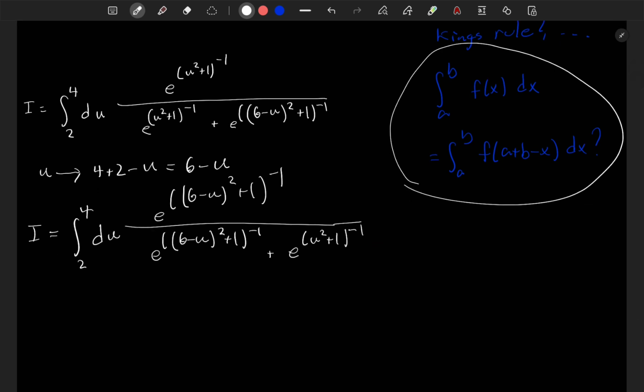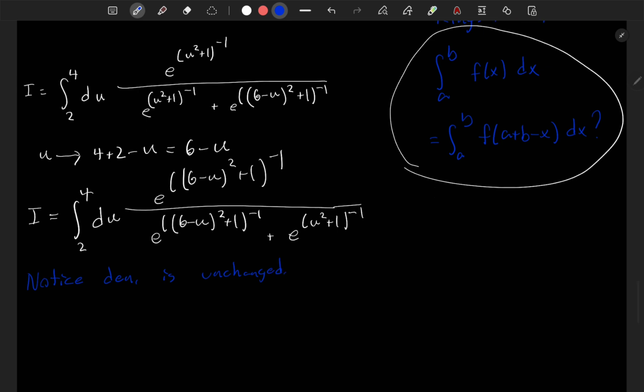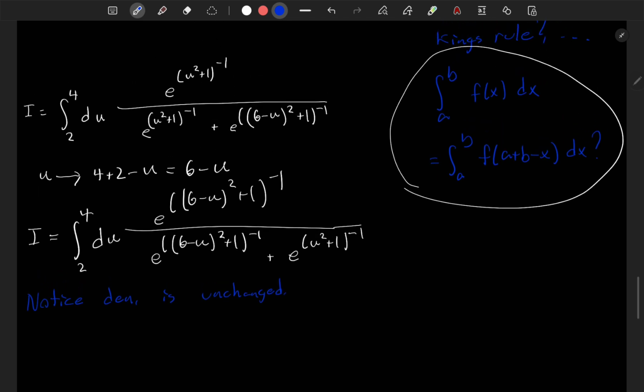Notice that the denominator is unchanged, right? So we have two distinct expressions for the integral, this one and this one.